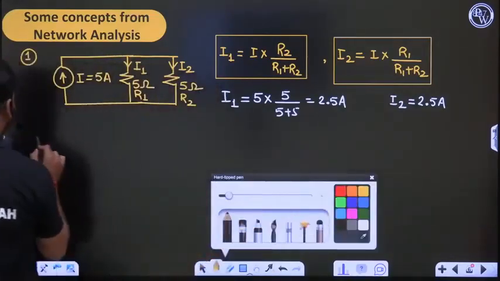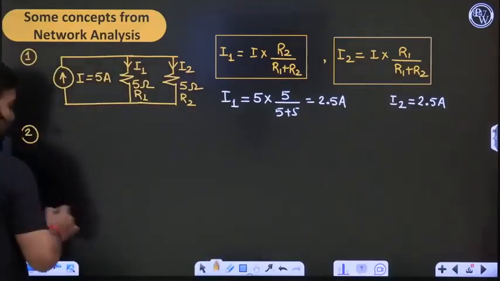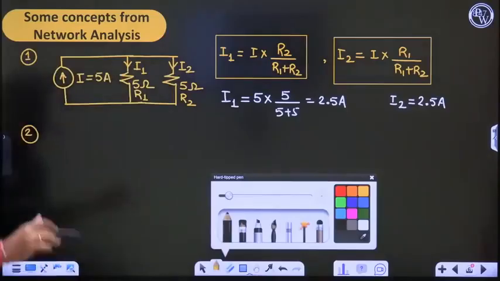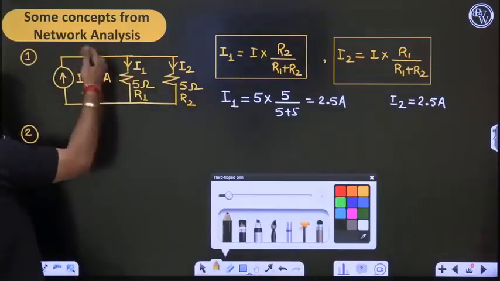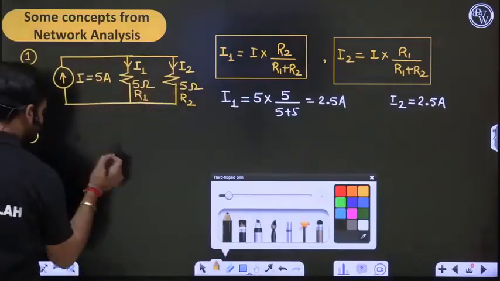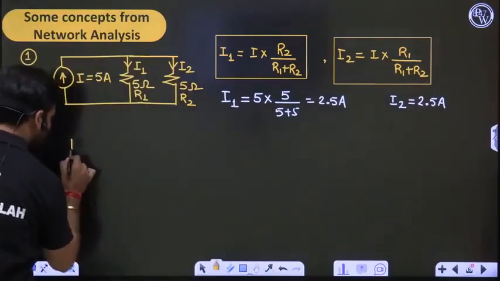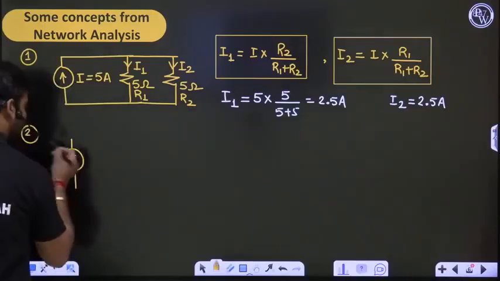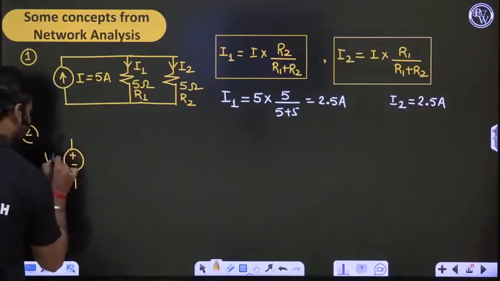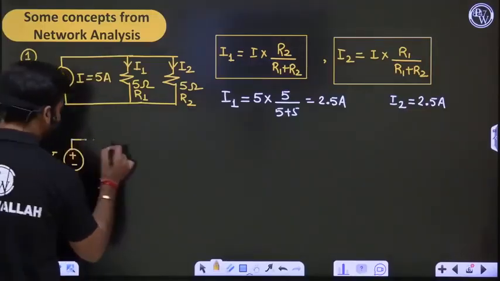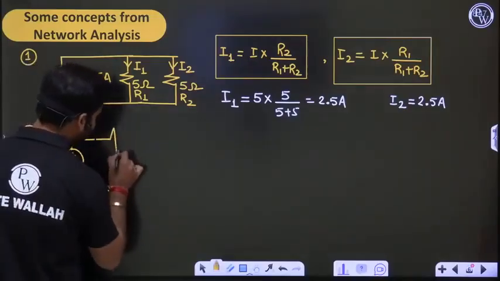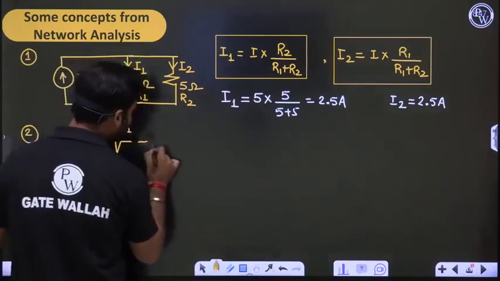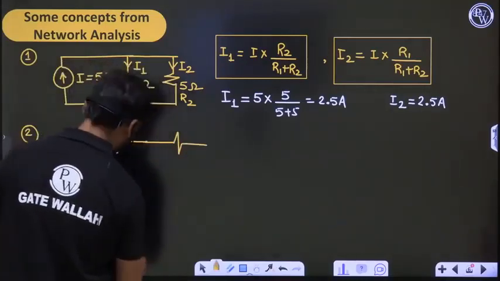Now what about the voltage division rule? Let us understand the voltage division. Voltage division occurs in series elements. In parallel you have current division, and in series you have voltage division. Suppose you have some voltage V like that. You can have some number also, no problem. This is some resistance R1, and after that you have some resistance R2.